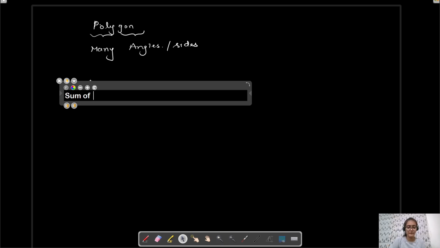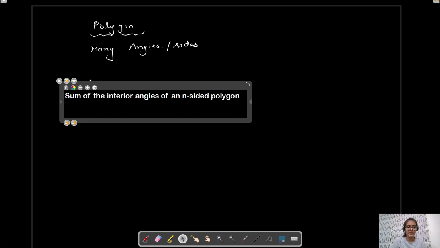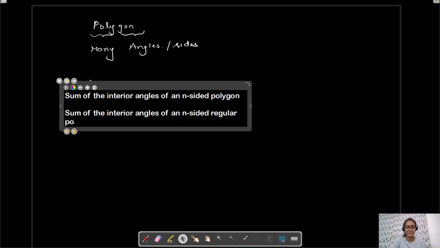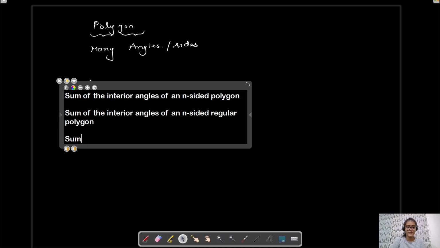Sum of the interior angles of an n-sided polygon, and then we have the sum of the interior angles of an n-sided regular polygon, and then we have the sum of the exterior angles of any polygon.